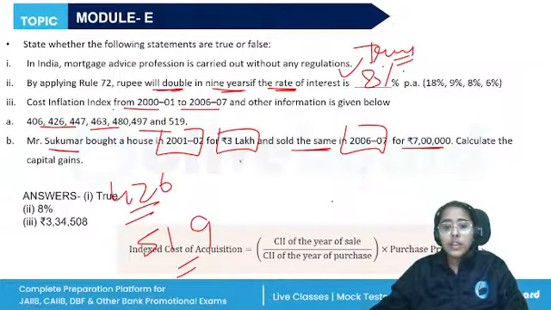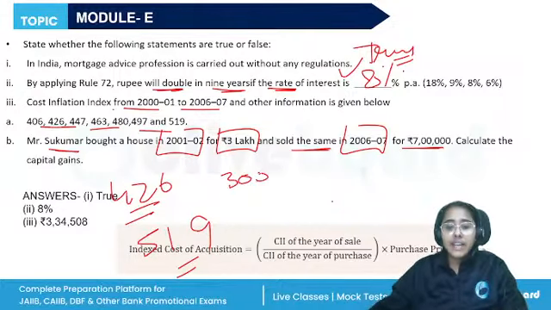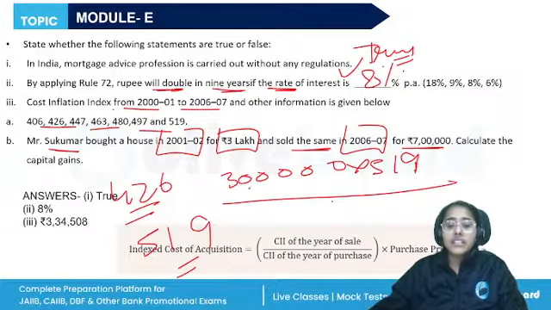You multiply the original purchase price by the CII of the sale year, 2006-7. So the purchase price is 3 lakhs multiplied by 519, divided by the CII of the purchase year, which is 426. This is how we calculate the indexed cost of acquisition.